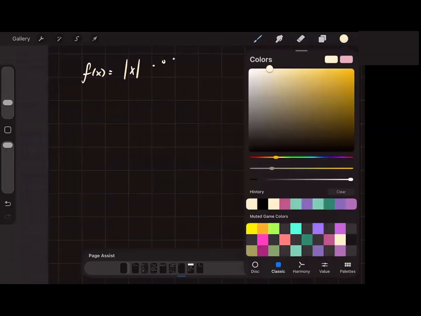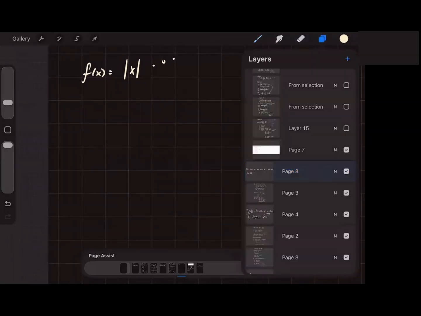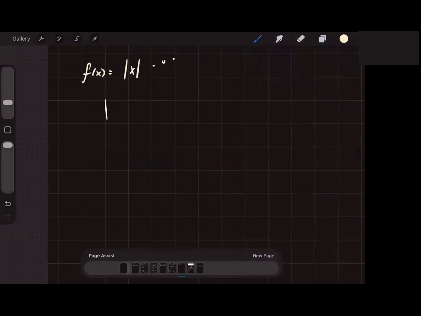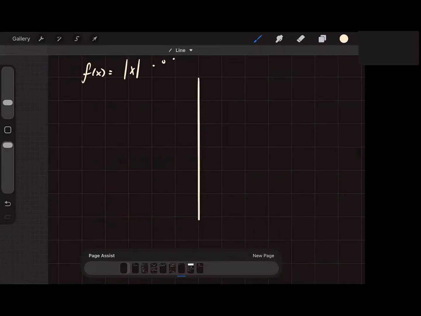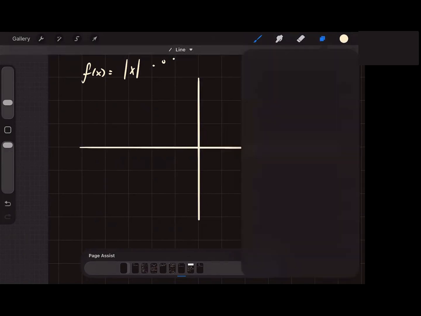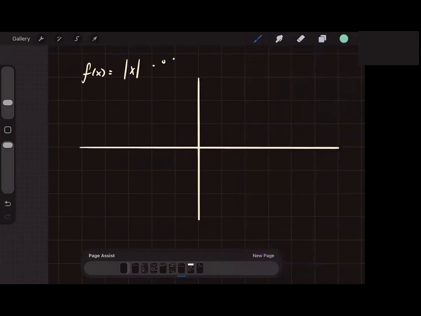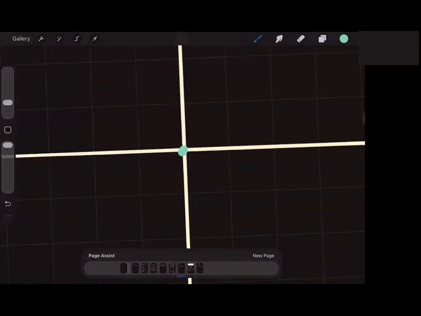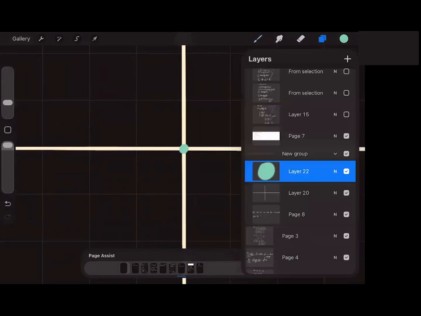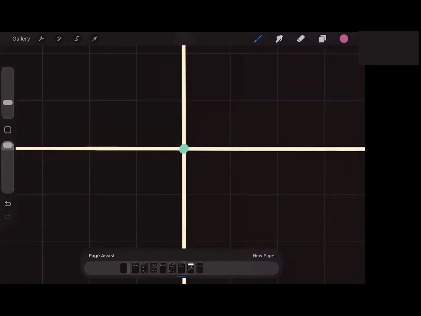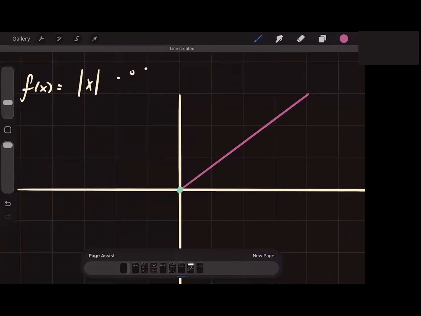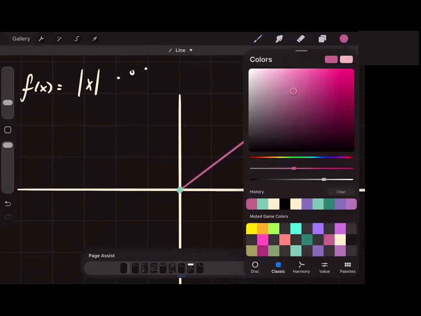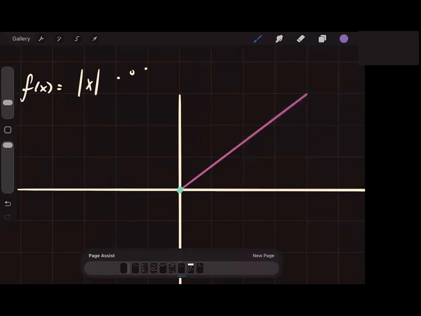So functionally, actually let's center it, it would probably behave a little bit like this, where you have x equals 0, y equals 0, and then you have when x is greater than 0 and when x is less than 0.